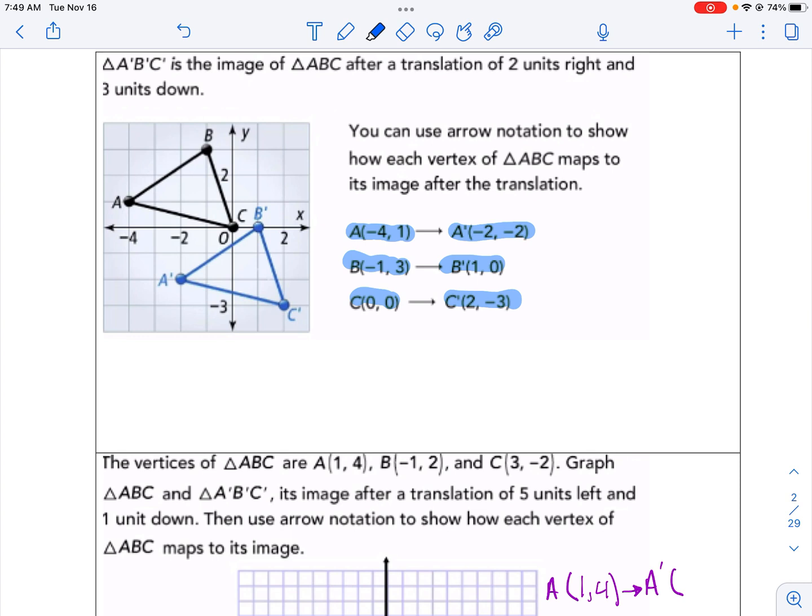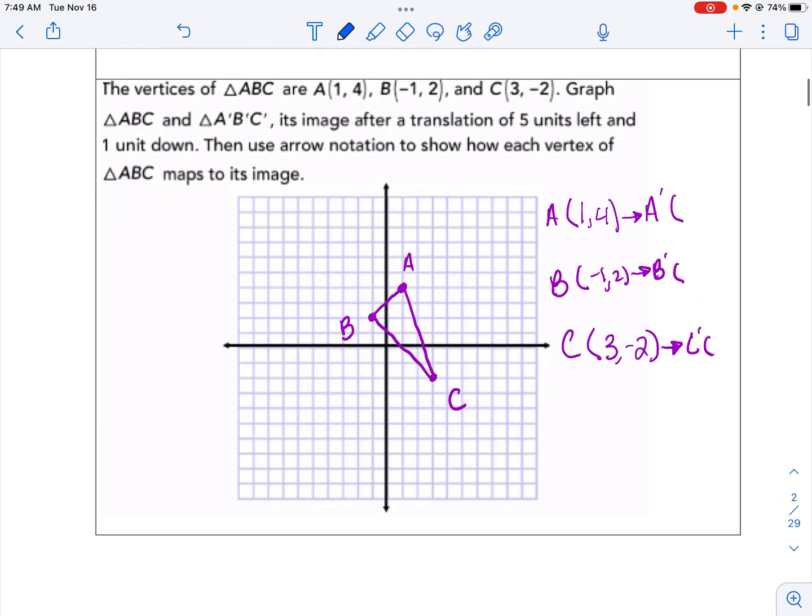So here you can see that the image was translated 2 units to the right and then 3 units down. So if I go from B to B prime, I went 2 to the right and 3 down, and every single vertice is moved the exact same amount.